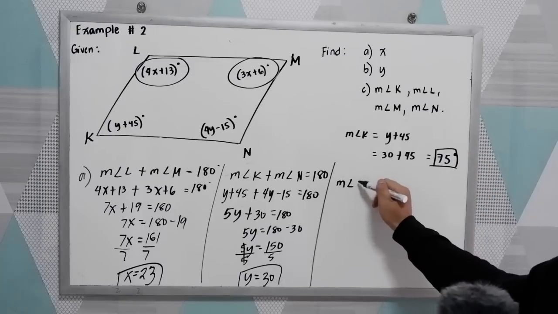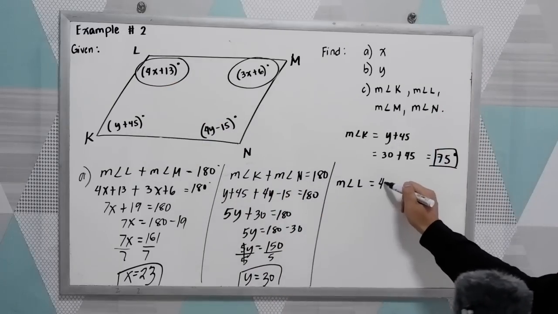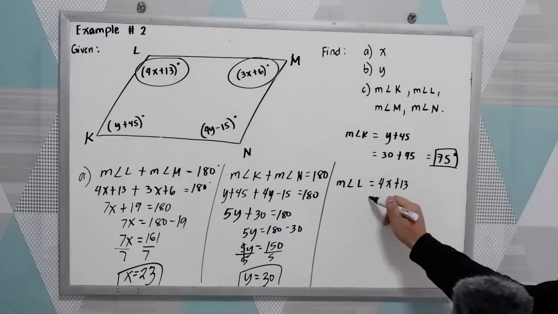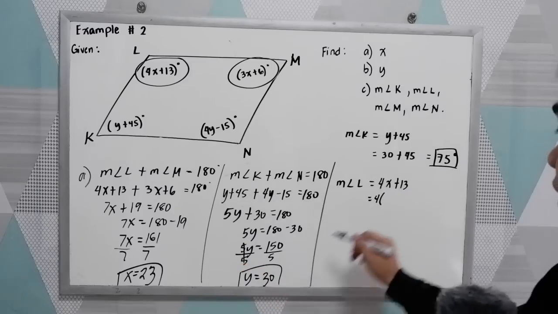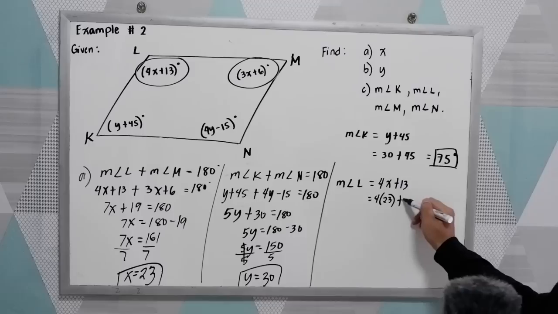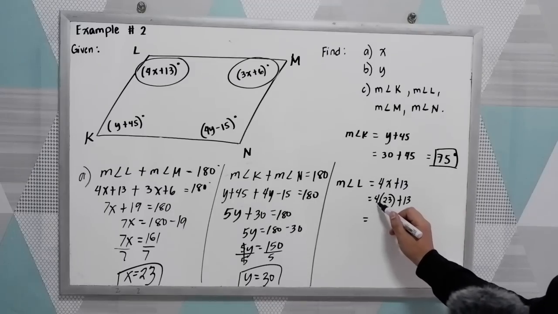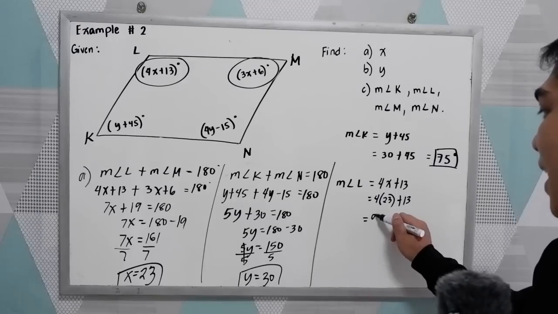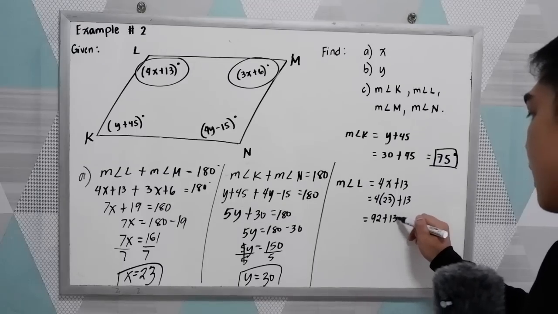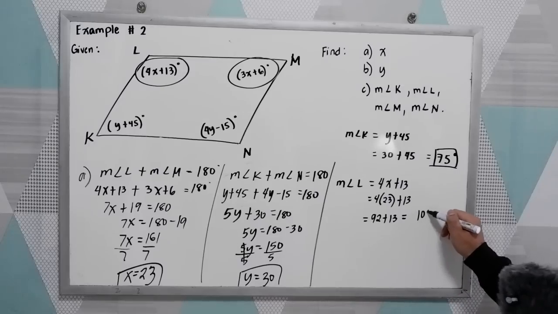Next, measure of angle L. L is 4x plus 13. 4 times x, which is 23, plus 13. So 4 times 23 is 92, plus 13. 92 plus 13 is 105 degrees.